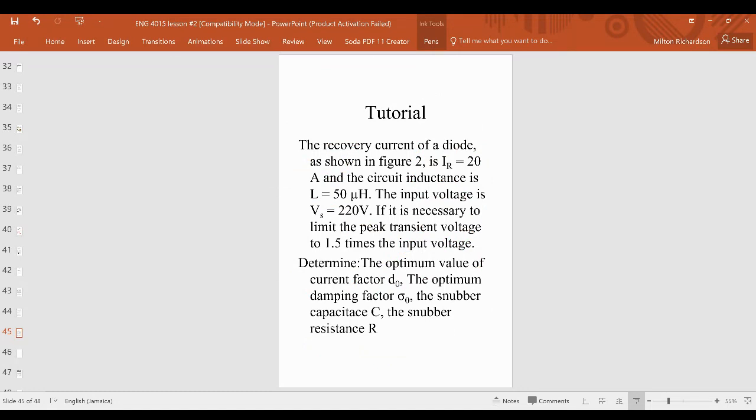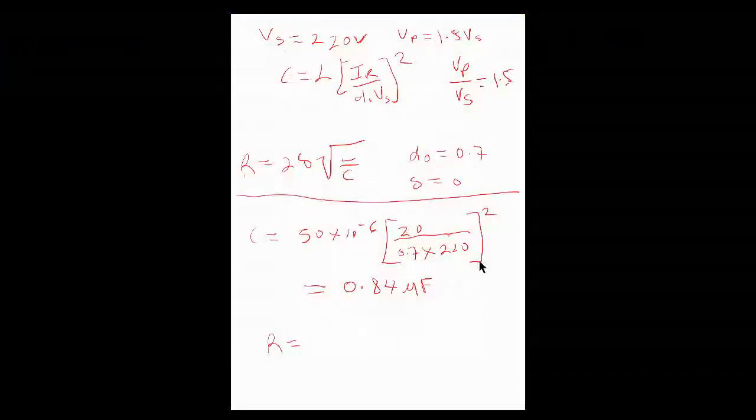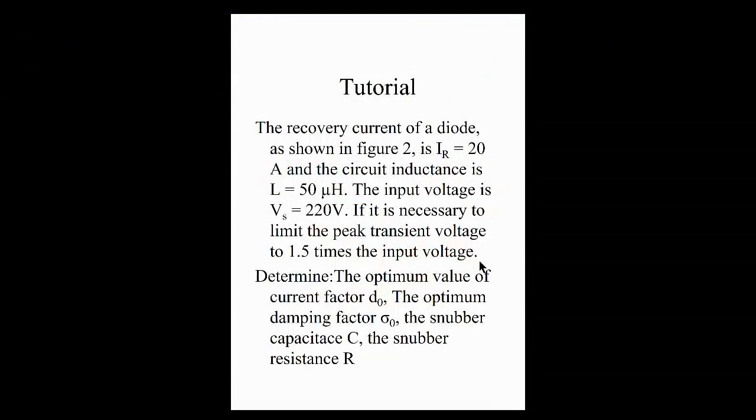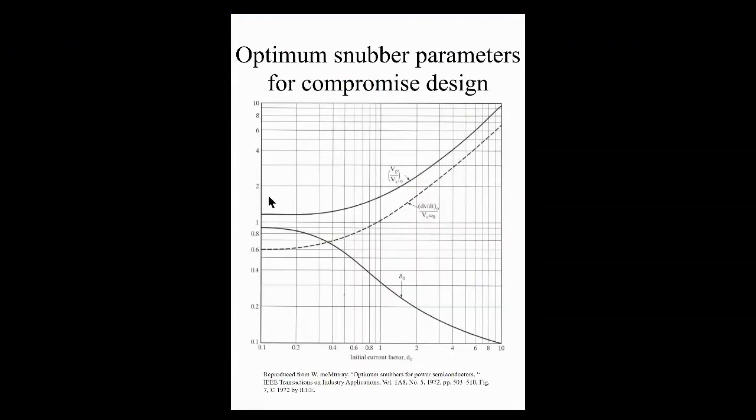Okay. So you can repeat how you found the sigma. How to find sigma? You know the ratio of the peak voltage to the input voltage, right? That's 1.5.